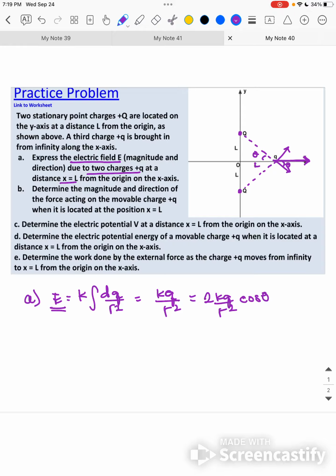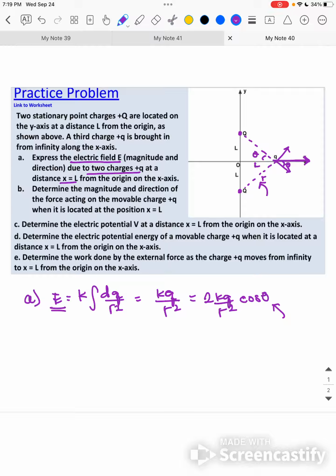So in this scenario, we would need to figure out what r is, which is this, and we would also have to figure out what cosine theta is. What I've seen is students do this two different ways.